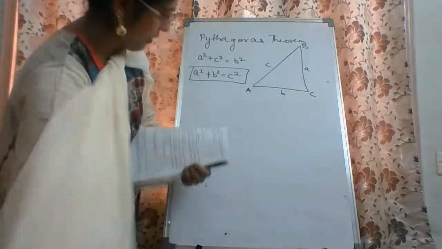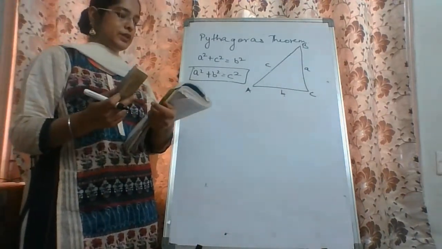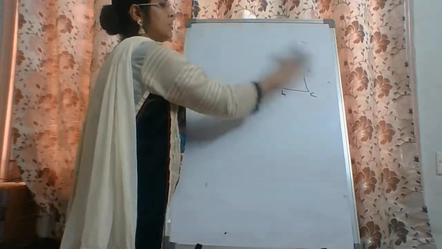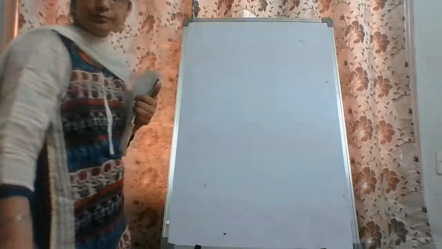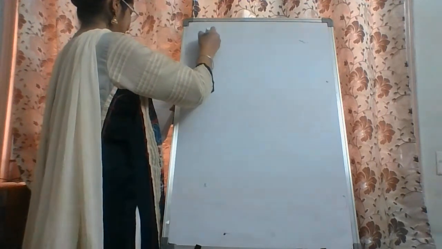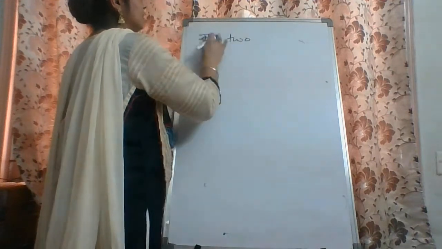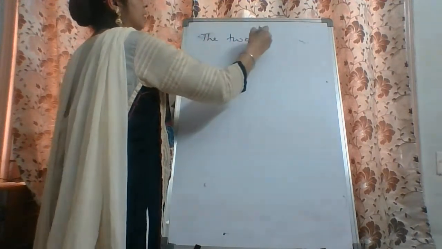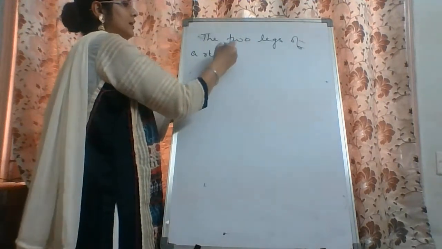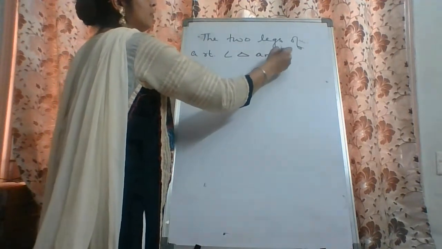The two legs of a right angle triangle are equal.